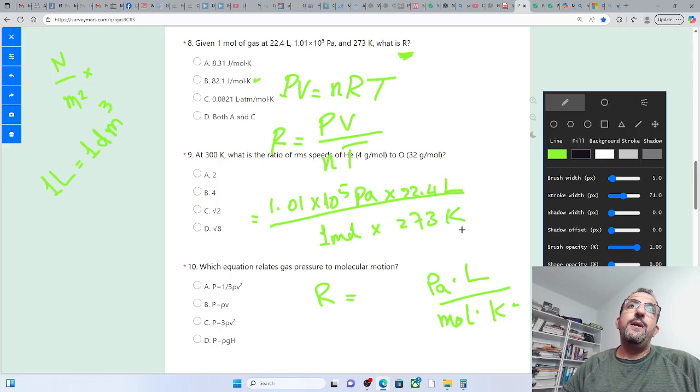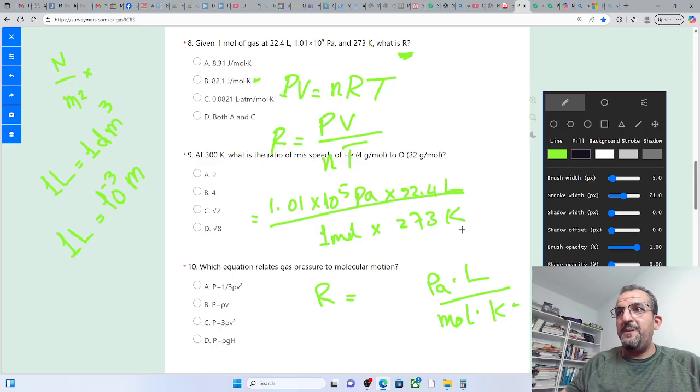Deci means 10 to the power minus 1. If I cube it, that's going to give me 10 to the power minus 3 meter cubed.